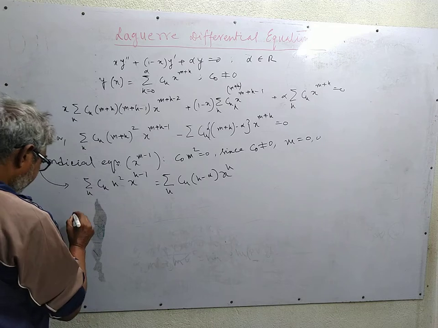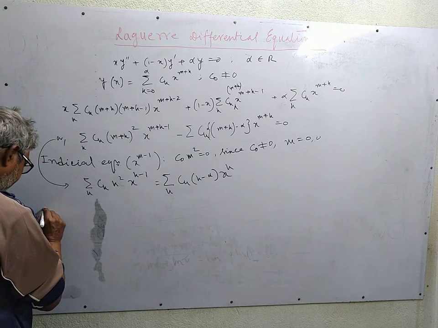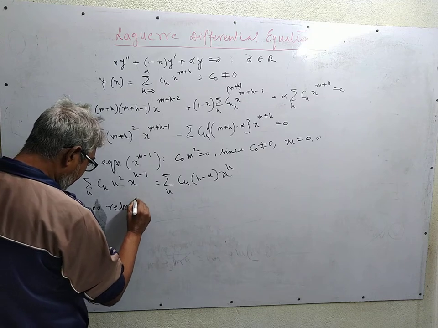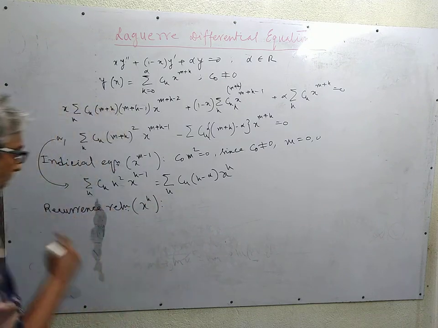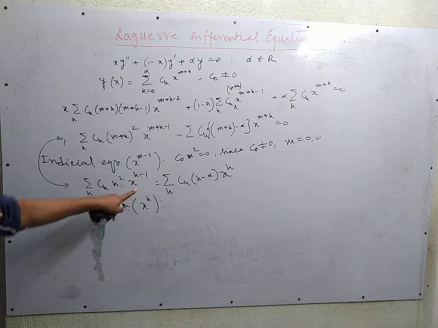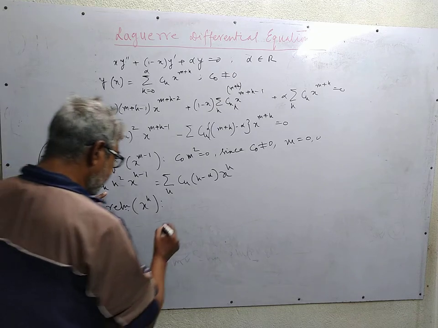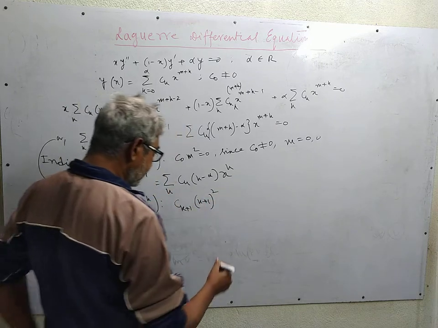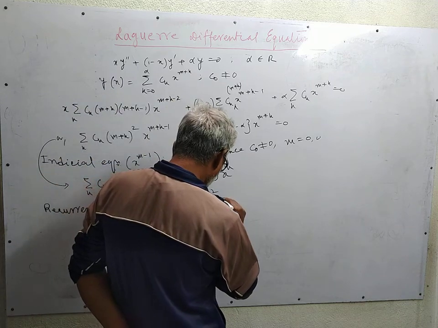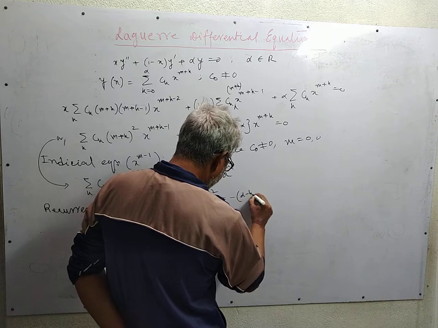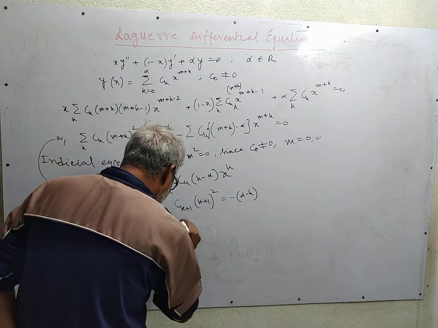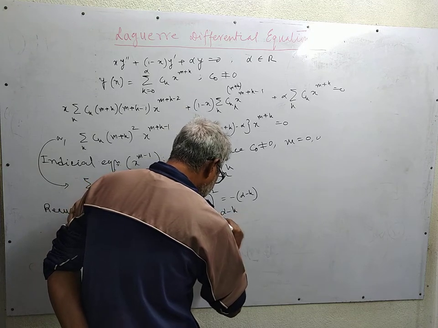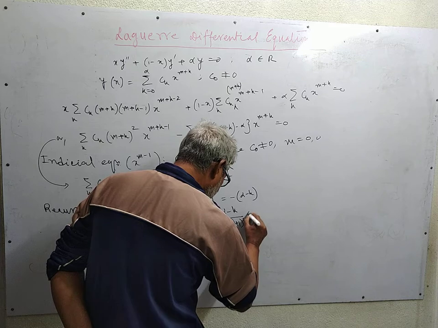Now we obtain the coefficient of x to the power k, the recurrence relation. From the left hand side we get a contribution to x to the power k when k is replaced by k plus 1, so we get c of k plus 1 into k plus 1 whole square, and the right hand side contributes to x to the power k for k equal to k, and we write it minus alpha minus k, or c of k plus 1 is equal to minus alpha minus k plus 1 whole square c_k.